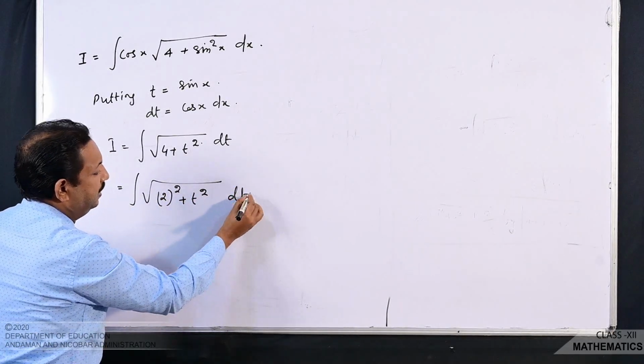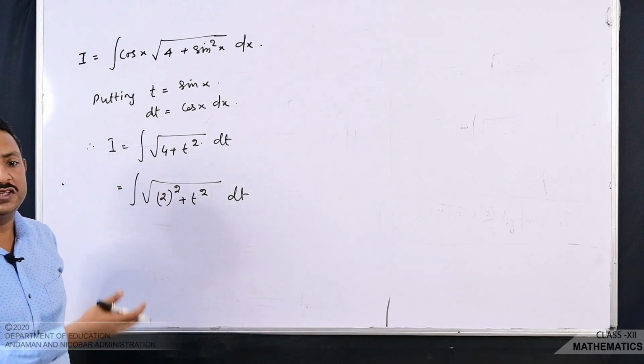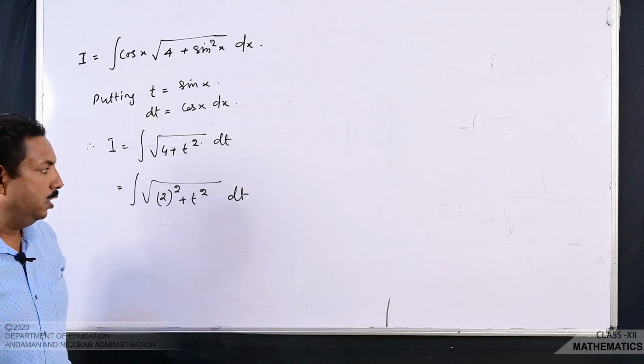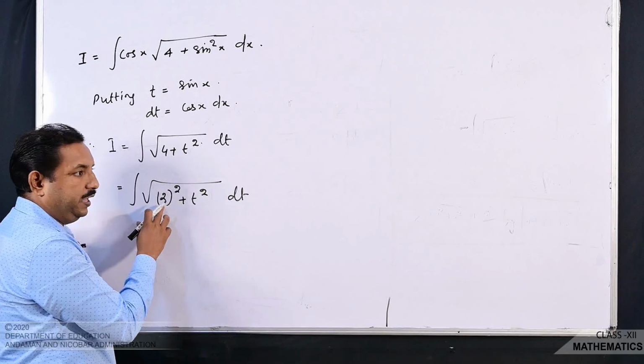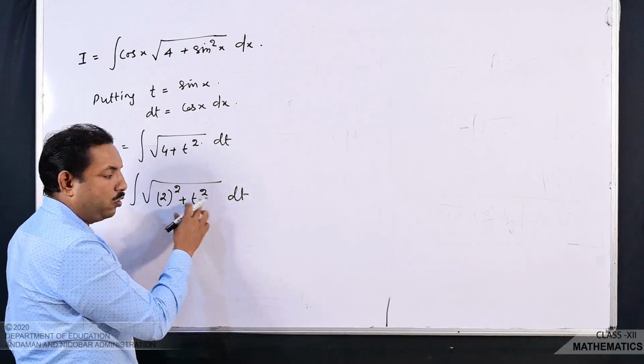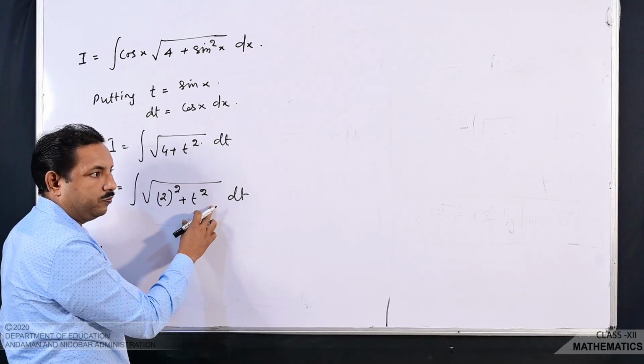Now, exactly the same form which we have proved, that means under root of a square plus x square. Okay.